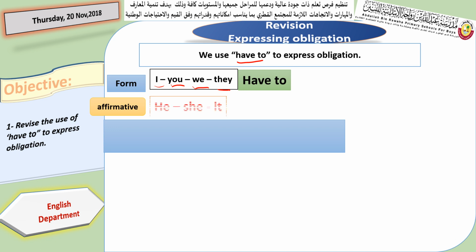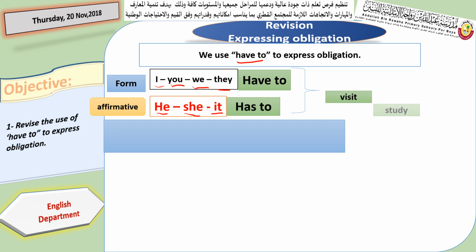And with the subjects like he, she, it we use has to. And in both cases في كلا الحالتين we use after them infinitive استخدم الفعل في المصدر الفعل مجرد بدون أي إضافة like for example visit, study, eat and etc.